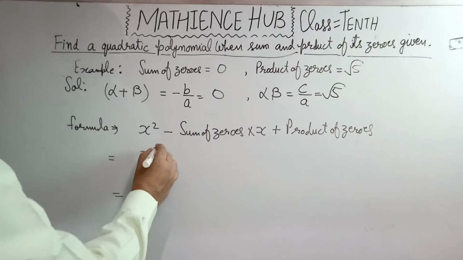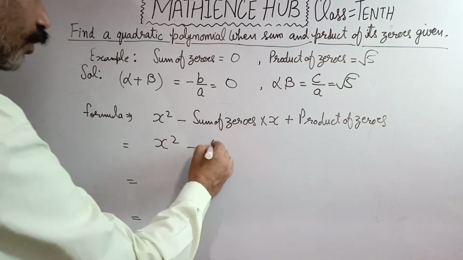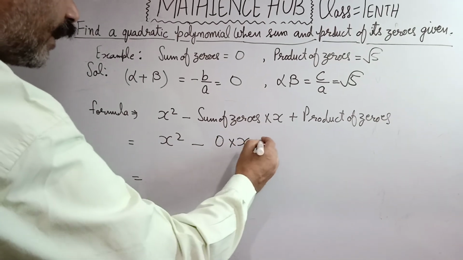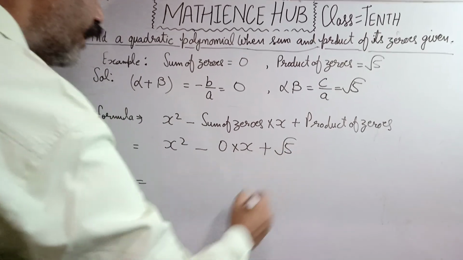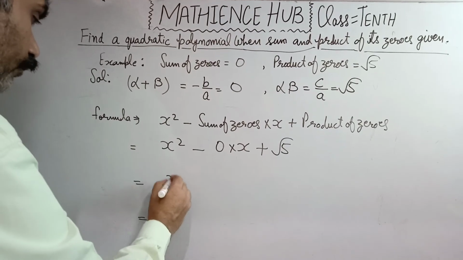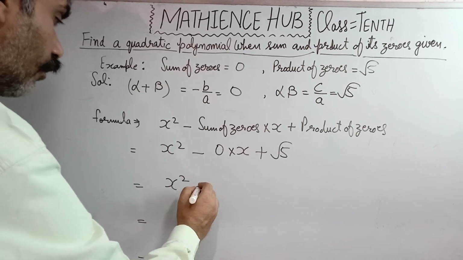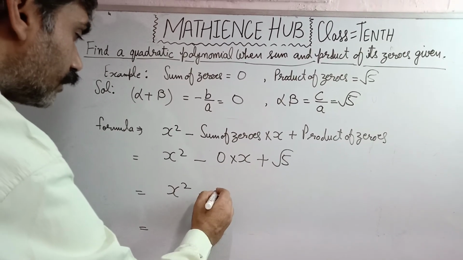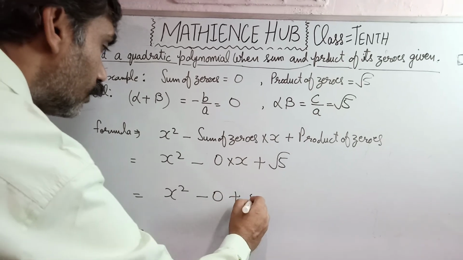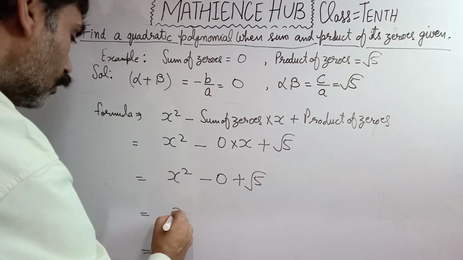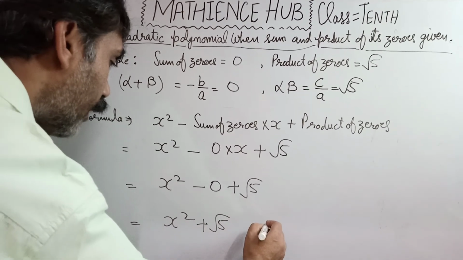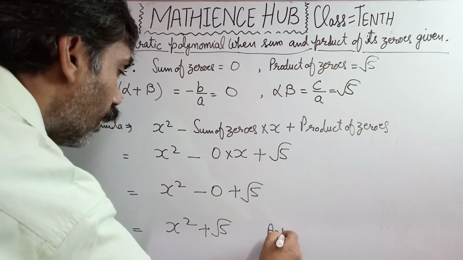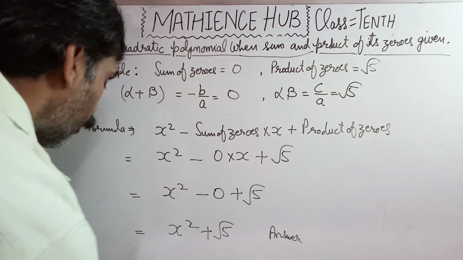Here x square minus sum of zeros, which is 0, multiplied by x, plus the product of zeros, root 5. So we get x square minus 0 multiplied by x, which is 0, plus root 5, and hence x square plus root 5 is the answer, the required polynomial.